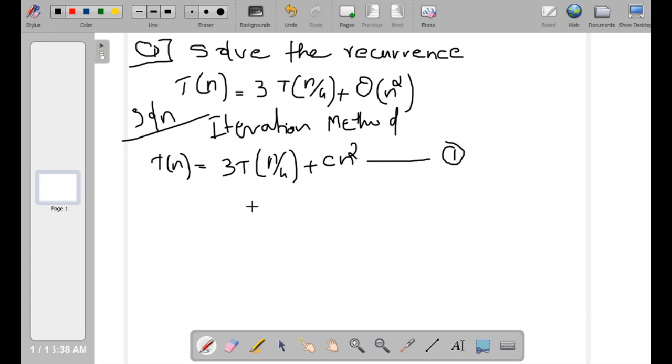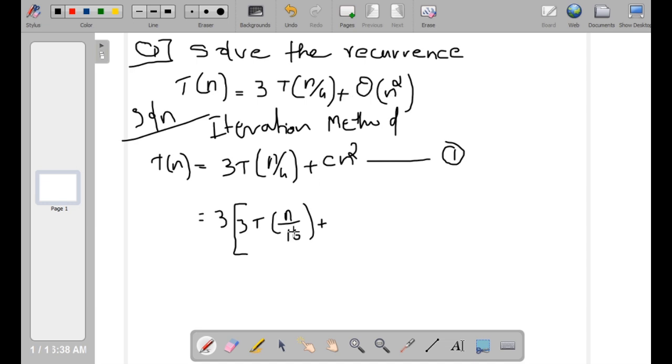Then for the second equation we have to replace this T(n/4). So it is equal to 3 into, we are replacing T(n/4). At every stage the problem size is 1/4 of the previous problem size. So n/4 by 4 will be n/16, plus n/4 here, then n/4 into 4 equal to n is coming here.